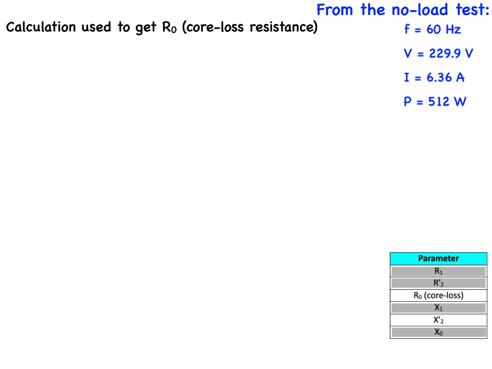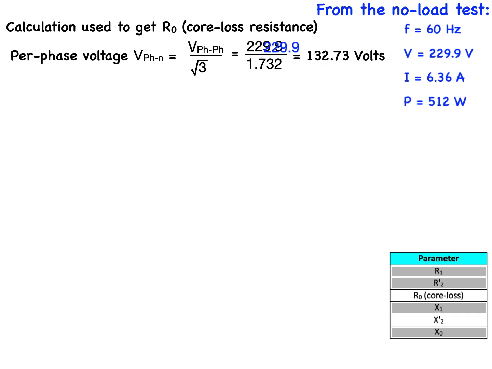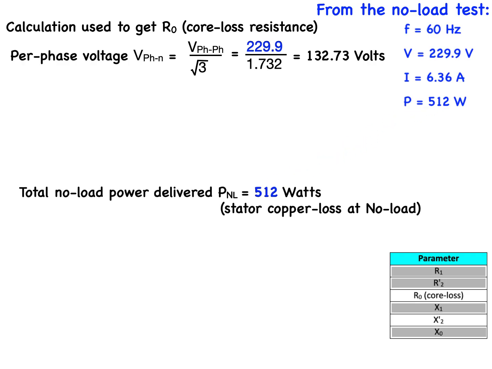To calculate the core loss resistance R0, we first must find the line-to-neutral voltage by dividing the no-load test line-to-line voltage by the square root of 3, which is 132.73 volts. And we will also use the total no-load power delivered, PNL, which was found to be 512 watts, whose equivalent circuit we have already found.